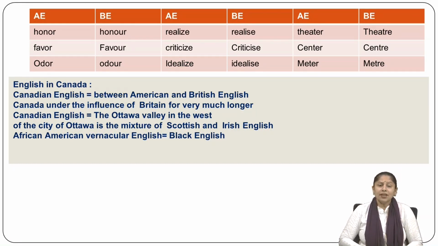But the Ottawa Valley in the west, the city of Ottawa, is a mixture of Scottish and Irish English. That's why the people of Ottawa are utilizing Scottish English or Irish English, and the people who are from Caribbean countries or African countries are utilizing Black English, which is known as African American Vernacular English, AAVE.